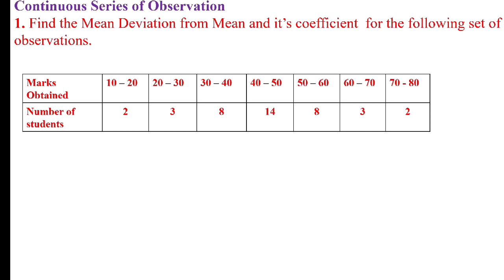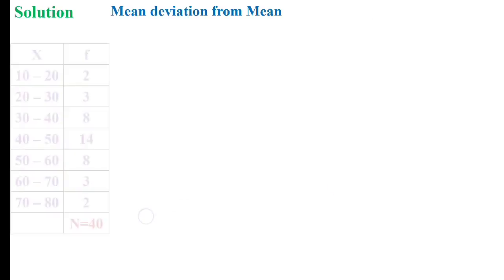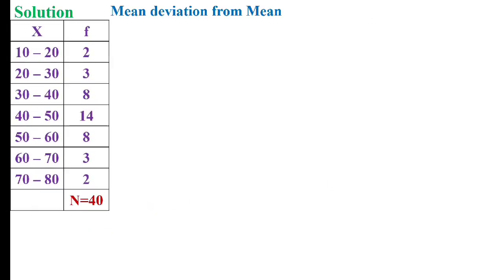Here for mean deviation from mean, we first find the mean for the continuous class interval type. Written in vertical form: 10 to 20, 20 to 30, 30 to 40, 40 to 50, 50 to 60, 60 to 70, 70 to 80. Frequencies: 2, 3, 8, 14, 8, 3, 2. Total of frequency is 40.